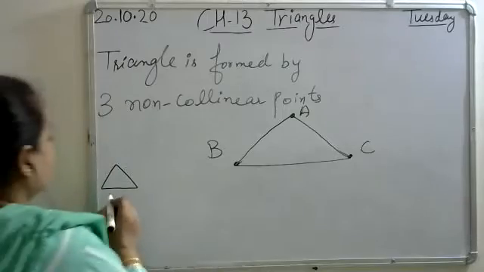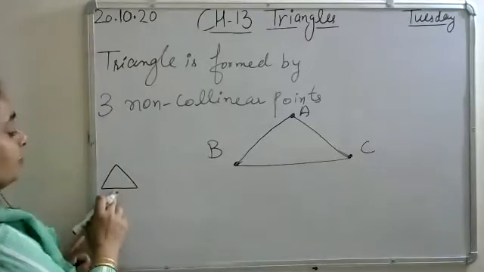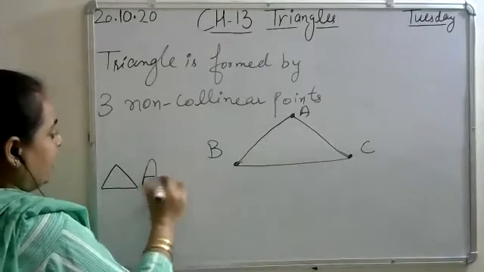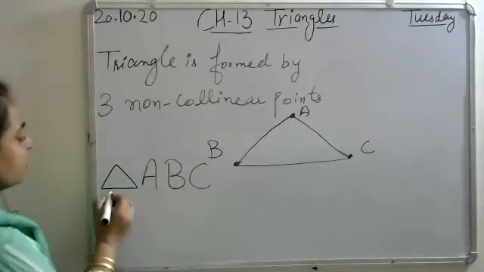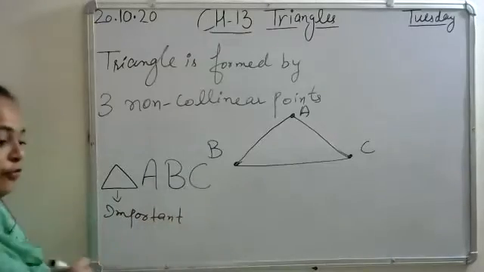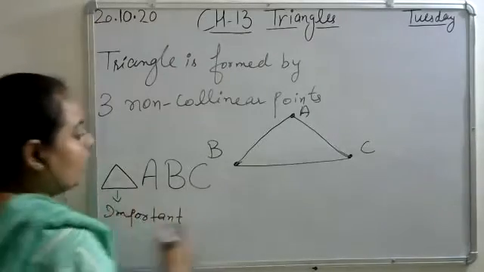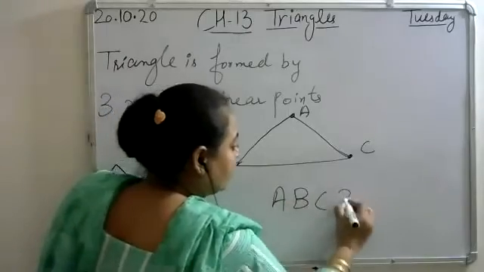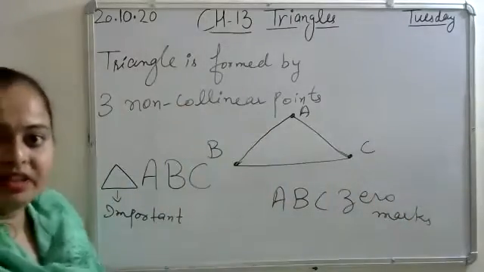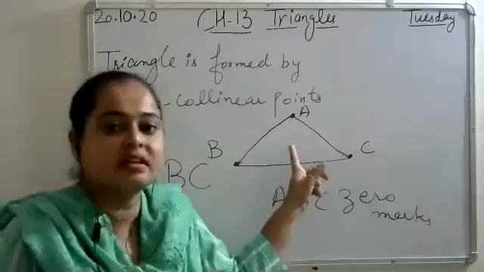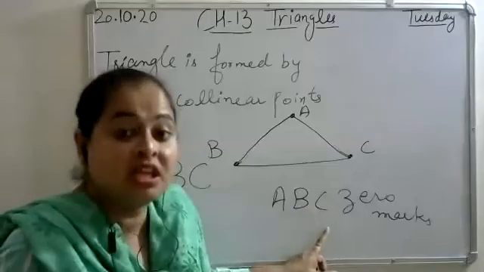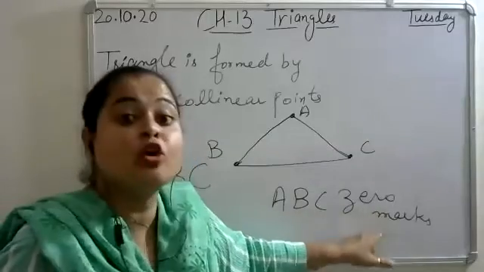Now come to the next. This is the symbol of triangle. What is the name of this triangle? A, B, C. This symbol is important. If in the exam the question is what is the name of this triangle and you only write A, B, C, then you will get 0 marks.